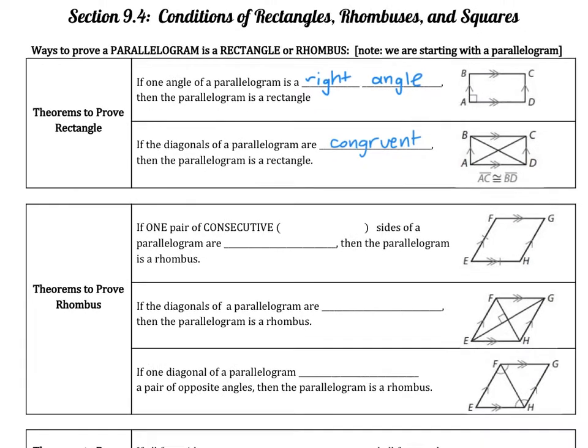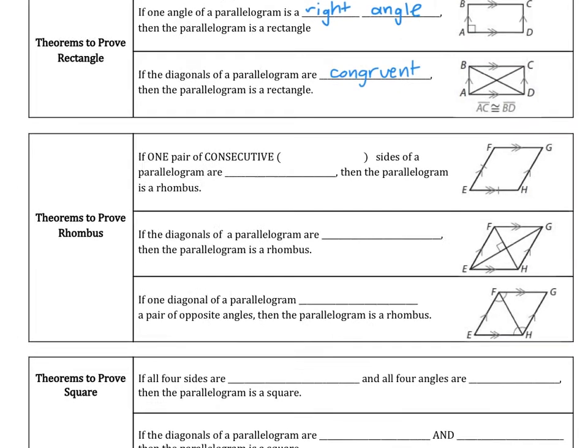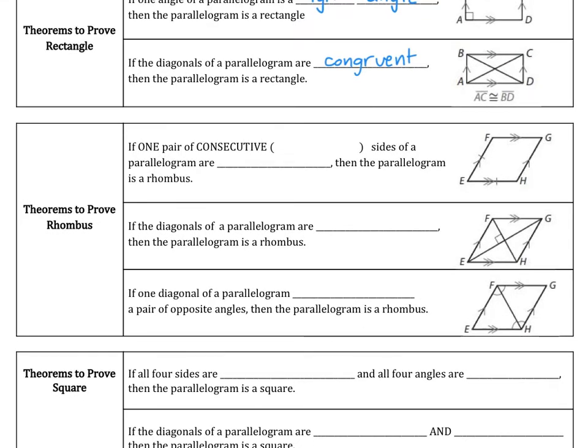Okay, so now let's talk about some different ways to prove that a parallelogram is a rhombus. If one pair of consecutive sides, which means that they're next to each other, of a parallelogram are congruent, then we know that the parallelogram is a rhombus.